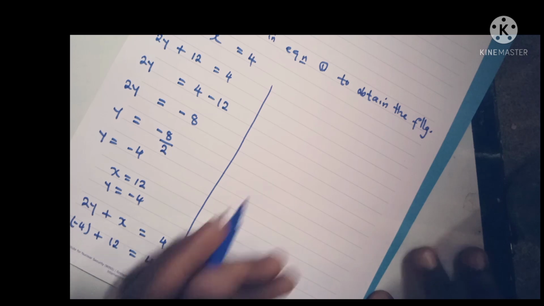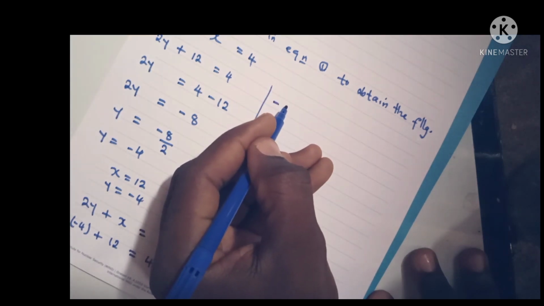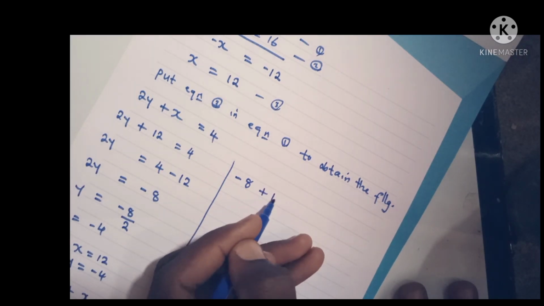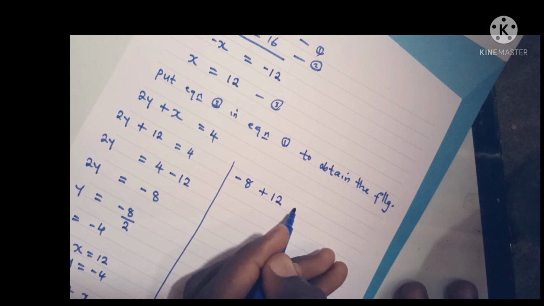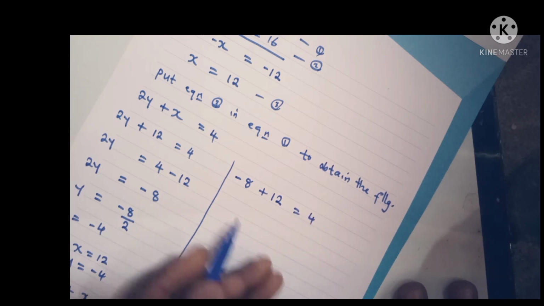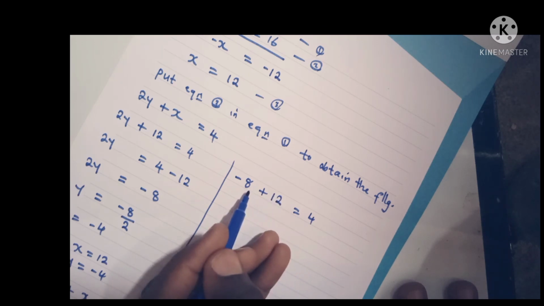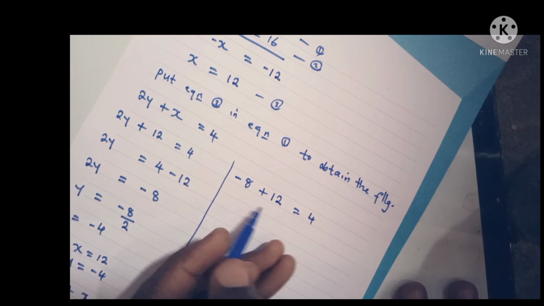2 into negative 4 is negative 8, and then plus 12 equals 4. So now we have negative 8 and then positive 12. The positive value is bigger than the negative value, so the answer is going to be positive, definitely.